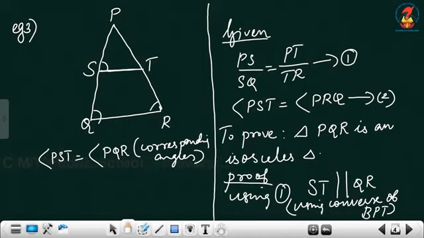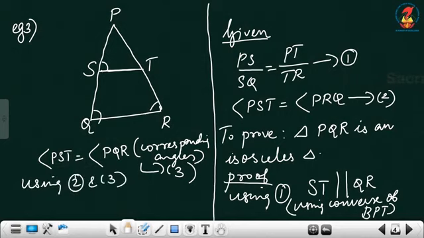Mark this as 2 and this as 3. Using 2 and 3, we can say angle PQR is equal to angle PRQ.